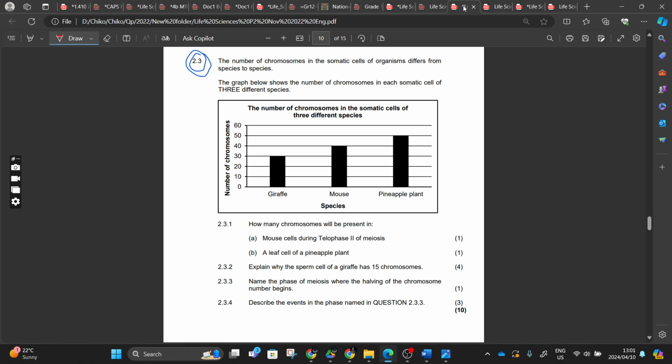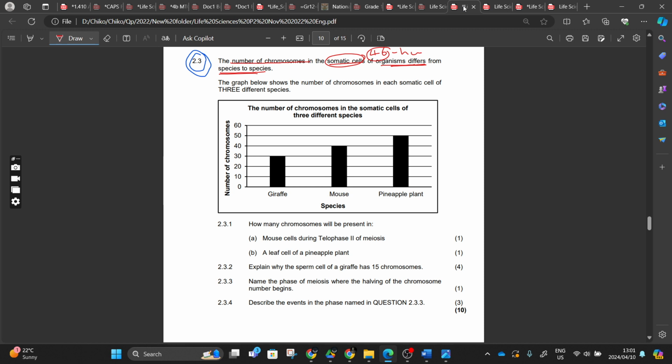2.3: The number of chromosomes in the somatic cells of organisms differs from species to species, right? We have learned so far that in a somatic cell we have a full set of 46 chromosomes in a human being, but they're saying that this number differs from species to species, right?